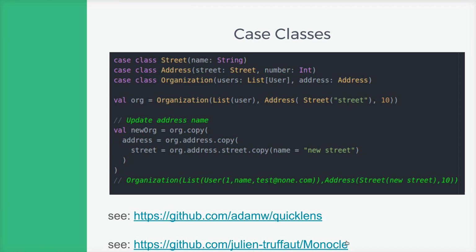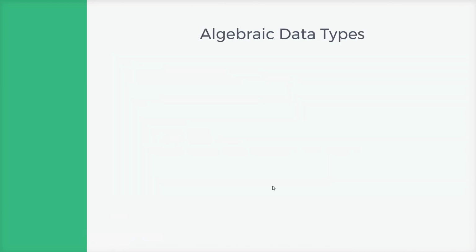There is also a simpler solution, a library called QuickLens, which allows you to generate this complex code using a cleaner syntax. For example, you can write organization.address.street.name.using equal to a new street, and at compile time the library or compiler plugin generates this code, so you are not required to write it. It's useful to take a look at that library.